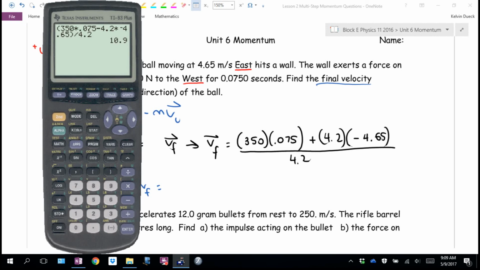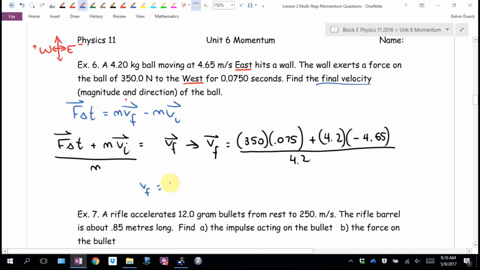Yeah? No? Am I wrong? Oh, you know what? Hang on. I typed this wrong. I put a minus sign there in front of the 4.2. It's plus 4.2. That was my bad. Typo. The 1.6? Units, meters per second. Direction.